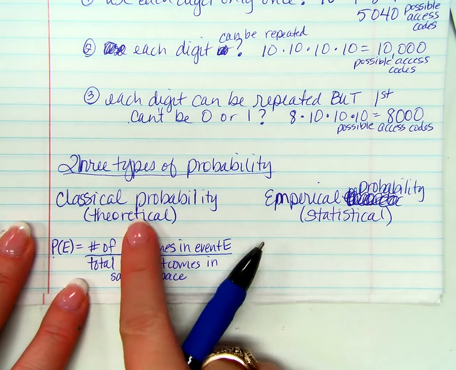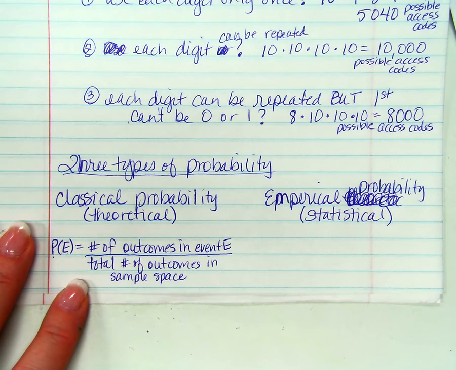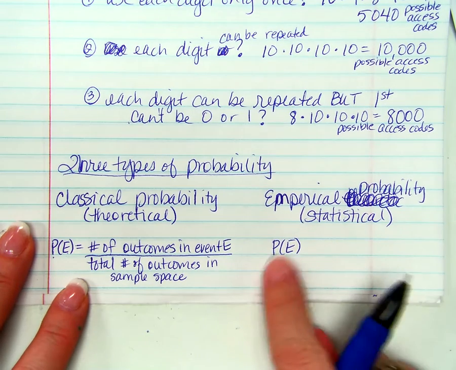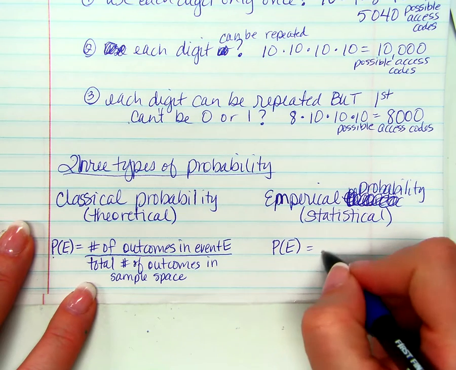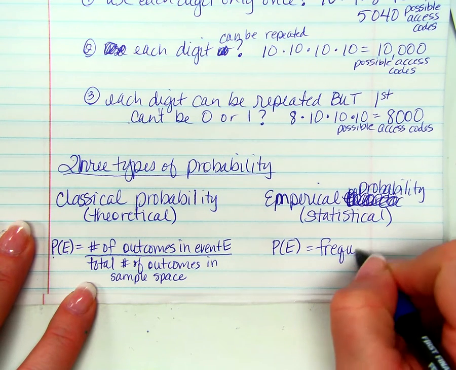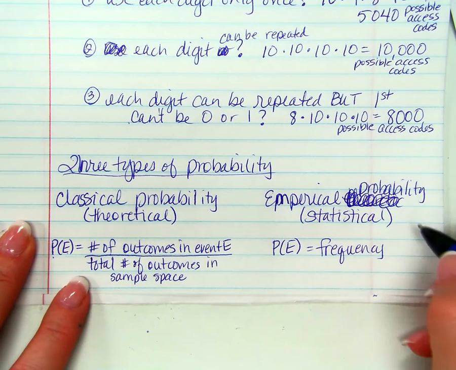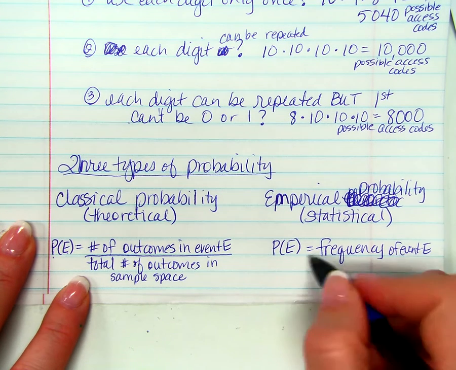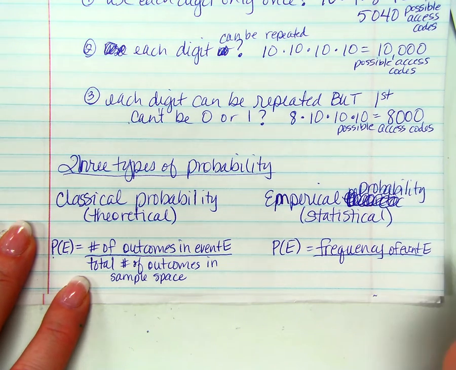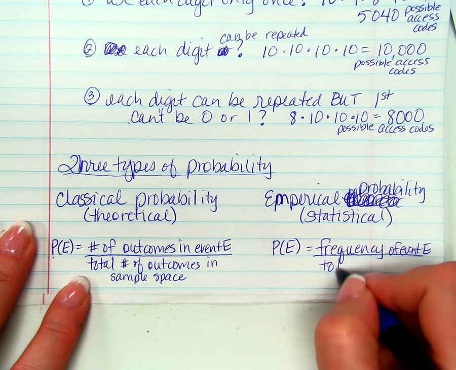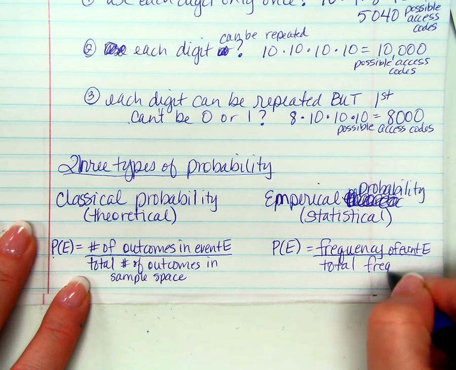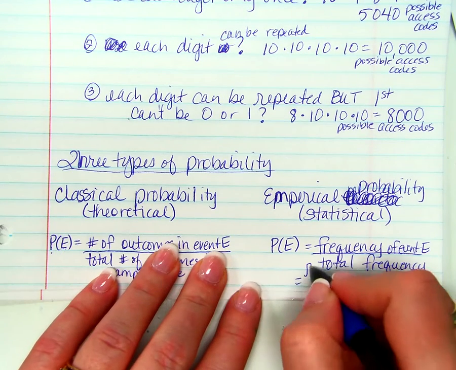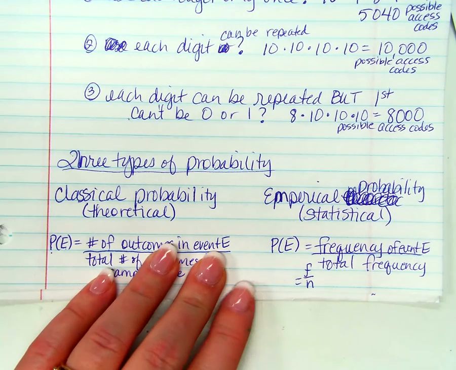We talked about theoretical and experimental. Okay? It also has a formula. The probability of an event E is the frequency of event E divided by the total frequency, or F over N.